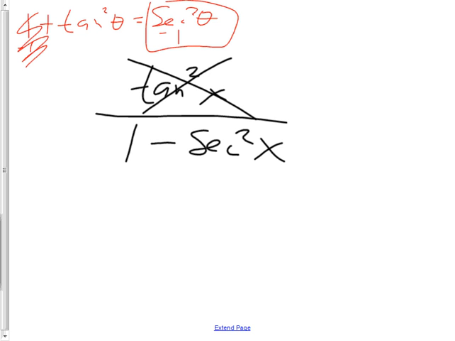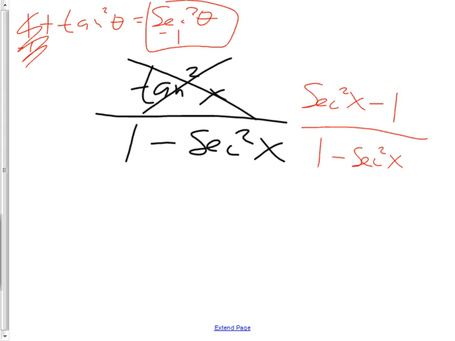Now, this might mess with your head. Secant squared minus 1 over 1 minus secant squared is not the same thing, is it? So can you cancel them or not?